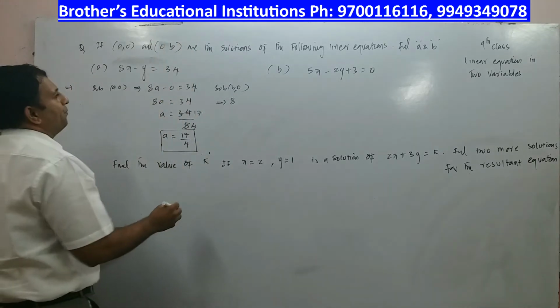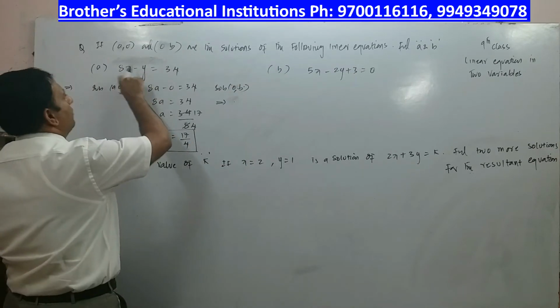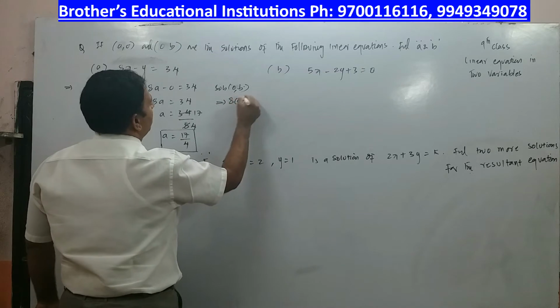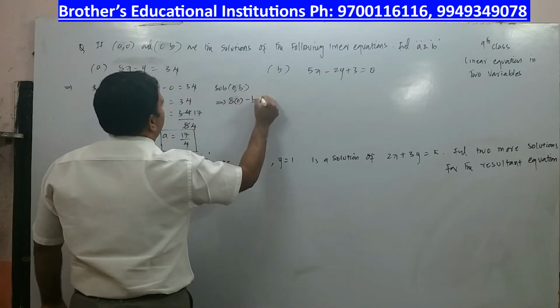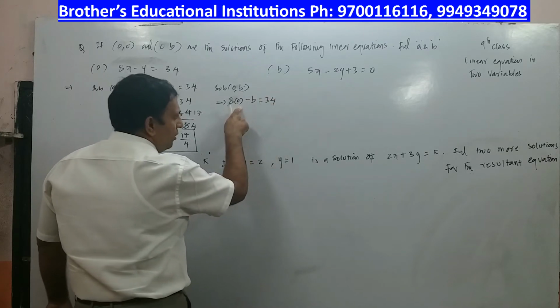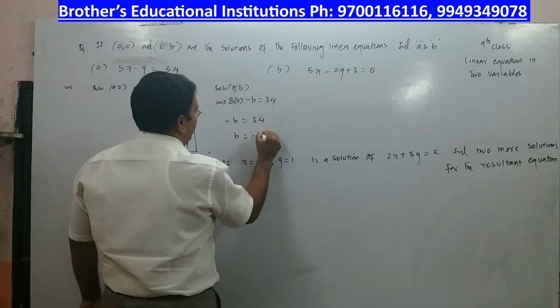Alright, so substitute 0 comma b. When you substitute 0 comma b, what will you get? 8 into 0 minus, what is the y value? The y value is b. So it is 8 into 0 minus b is equal to 34. 8 into 0 is 0. You have minus b is equal to 34. Therefore, b is equal to minus 34.